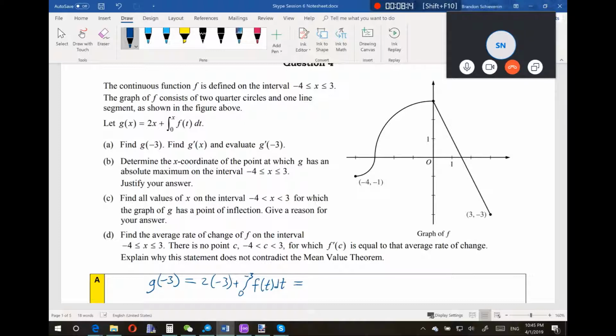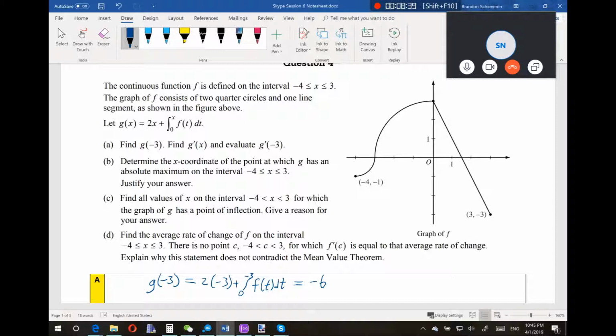Integrate the function again. Okay, I want to integrate the function, but we don't have a function given. We were told that these are quarter circles. So how could I find the area of a quarter circle? Just 3 times 3 times pi divided by 4. Perfect. Okay, so that's pi r squared divided by 4. Our radius is 3.